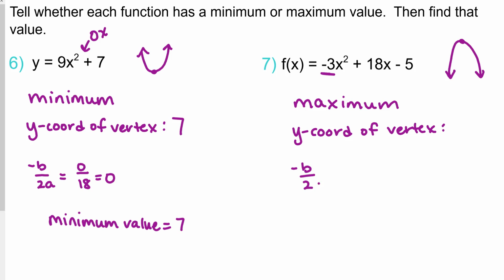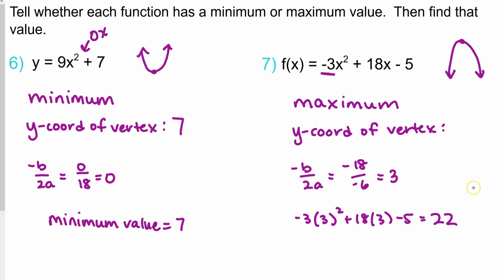Opposite of b over 2a is going to be negative 18 over negative 6, and that's 3. So if you substitute 3 into the equation, you end up with 22. So the maximum value is 22.